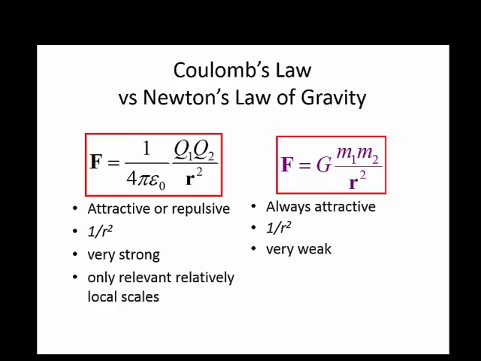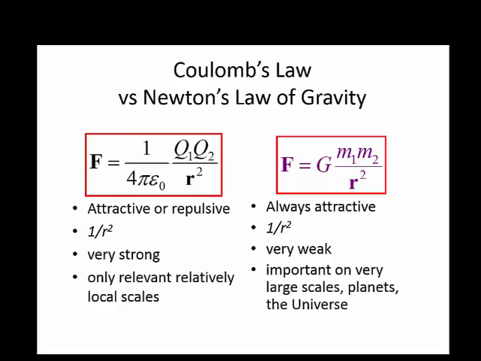It's a very weak force in relative size, and it's important on very large scales, for instance planets and the universe. So those are my similarities and differences. Crucially, we're talking about two spheres, a charged sphere or a massive sphere.